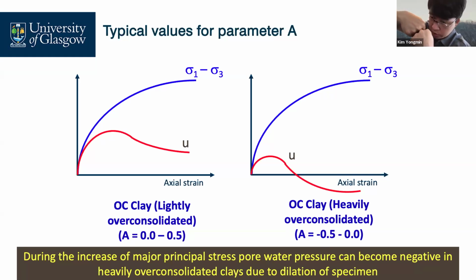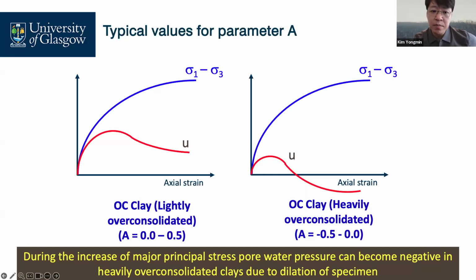The volume increases and you see more space, which is where the negative suction pressure occurs. So your measured pore pressure looks negative.